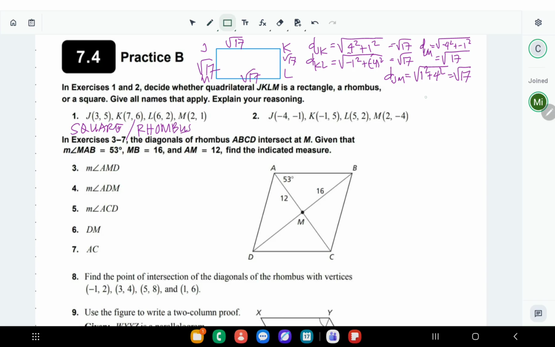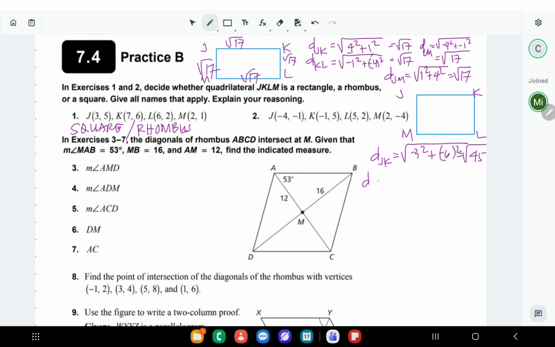Then for the next one, number 2, J, K, L, M, the same thing. You get the distance from J to K, that is the square root of negative 4 plus 1, so negative 3 squared, plus negative 1 minus 5, negative 6 squared. So this is the square root of 9 plus 36, which is 45.